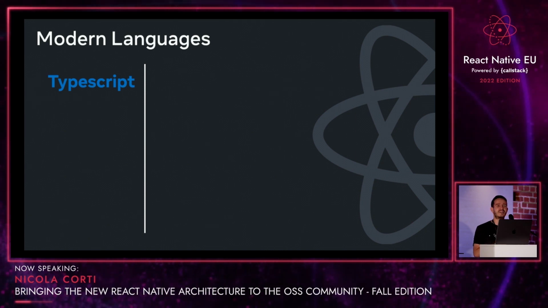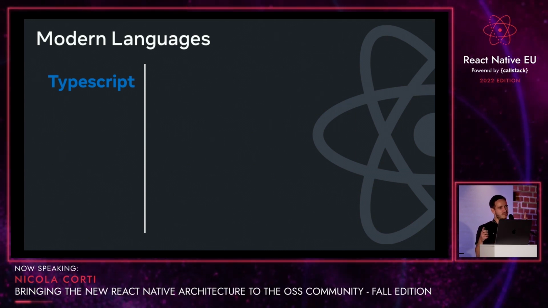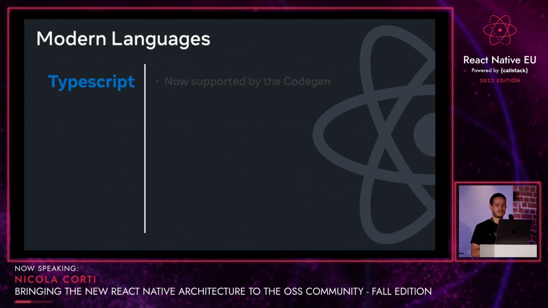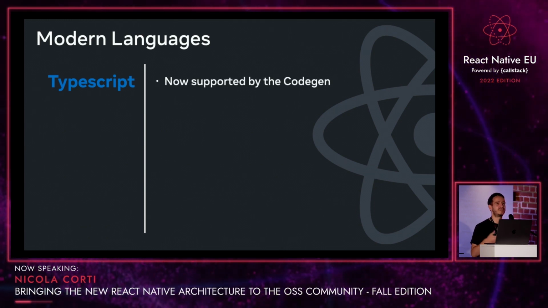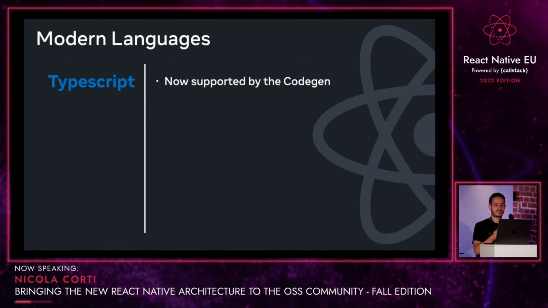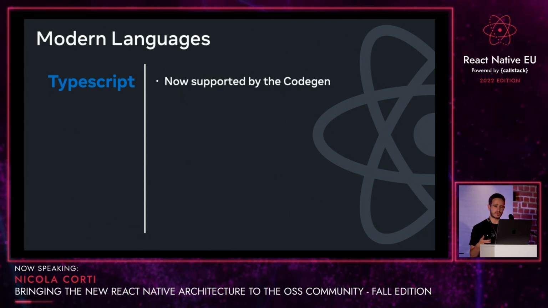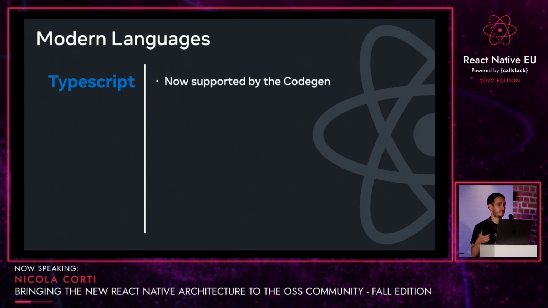Literally. Like, I don't want to have a fully TypeScript project with just one file written in Flow. So I'm happy to share that the React Native Codegen supports TypeScript, so you can write your spec in TypeScript as well. It's a work in progress.